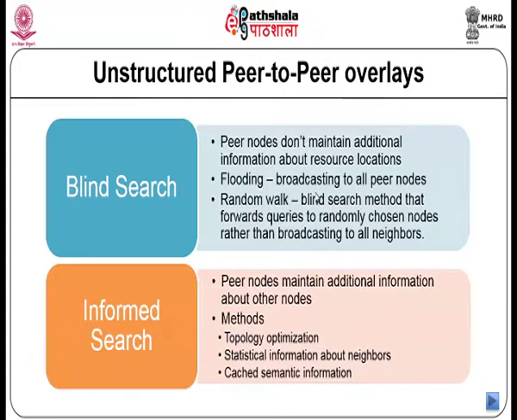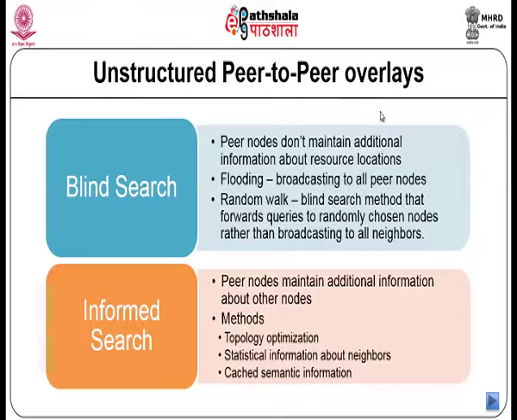On the other hand, in informed search, we can have the peers maintain some kind of additional information about other nodes. We can have some kind of topological information, and we can maintain some statistical information about what the other node is storing, some kind of table which says that this particular node has so much of this.